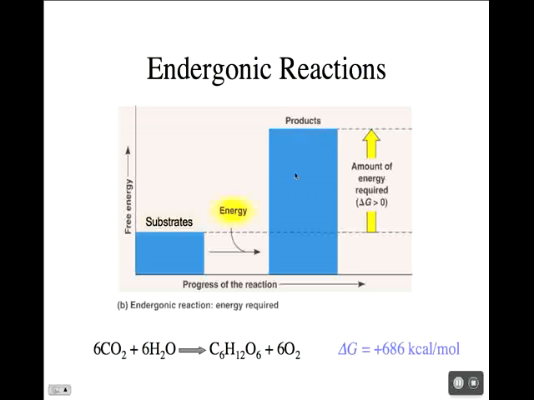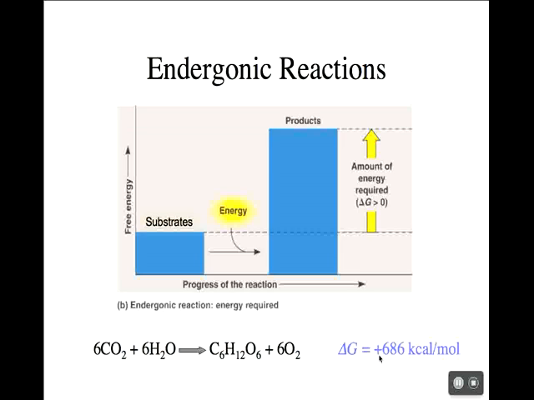The delta G, remember, delta G is equal to the energy of the product subtracted by the energy of the substrate. So if you take a big number and subtract a small number, you're going to get a positive value. So the delta G is positive. In fact, this particular reaction requires 686 kilocalories per mole of energy to be inputted.